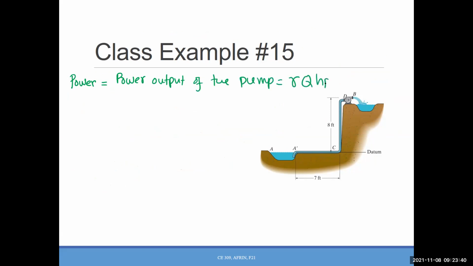Gamma Q H pump. So gamma is 62.4. I will write down the unit also so that we can cancel. Feet cube.